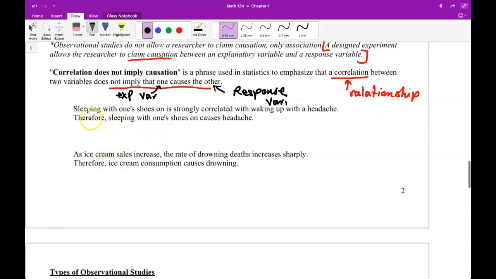Okay, let's see what we have here. Sleeping with one's shoes on is strongly correlated with waking up with a headache. Therefore, sleeping with one's shoes on causes headache.